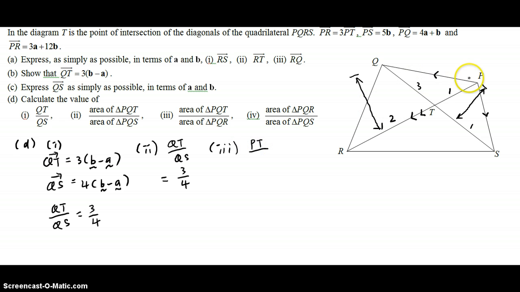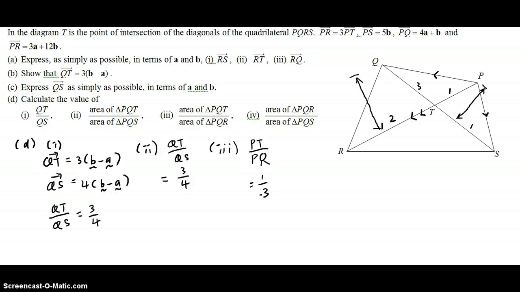The base of PQR is 3, so this is actually your PR. So PT over PR will give you 1 over 3. Just simply applying ratio. You don't have to use vectors at all.